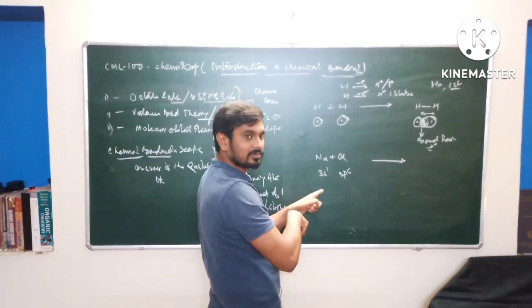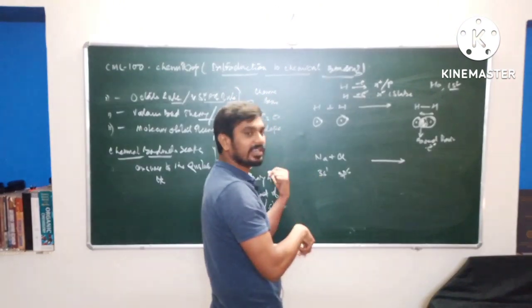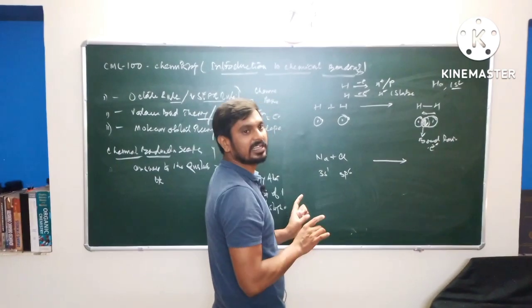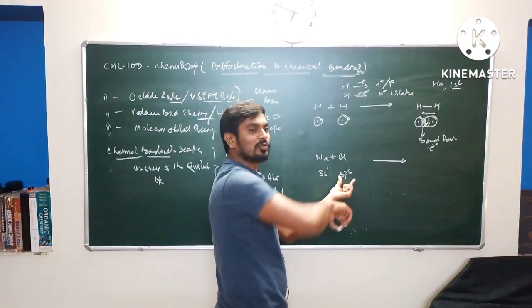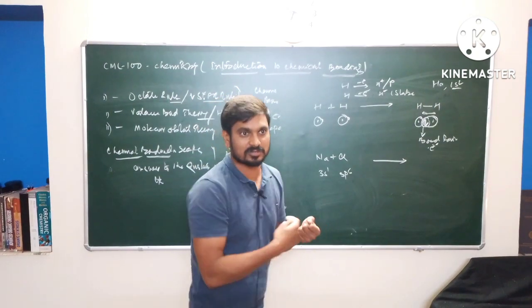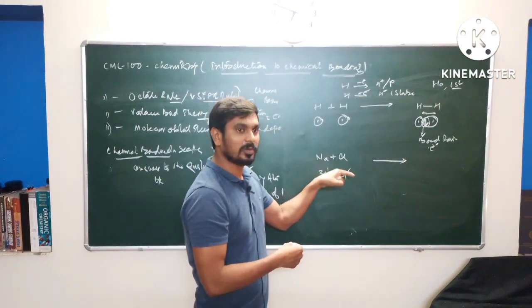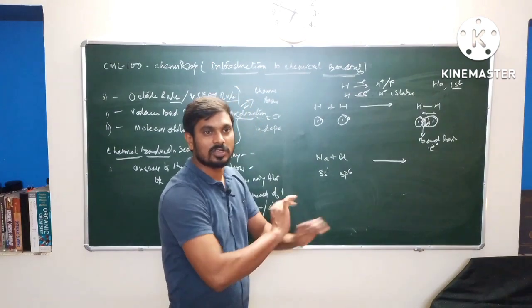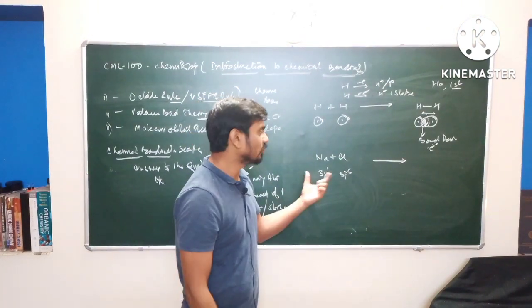The preceding shell has 8 electrons. If Na loses 1 electron, it will attain an octet. And if Cl gains 1 electron, it will attain an octet. So here is a right combination, the right business basically. If you give up an electron and I receive an electron, both are done. So they have a good deal.